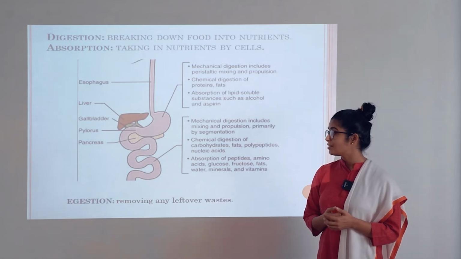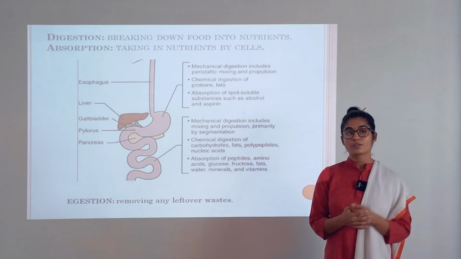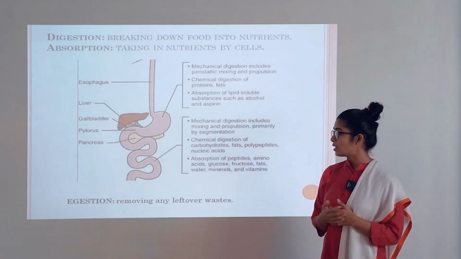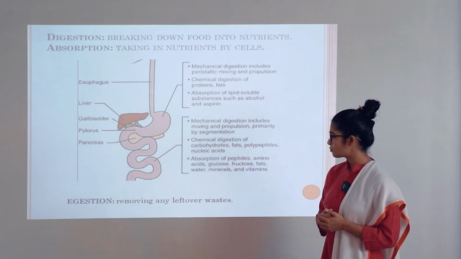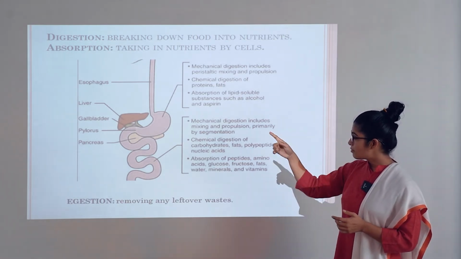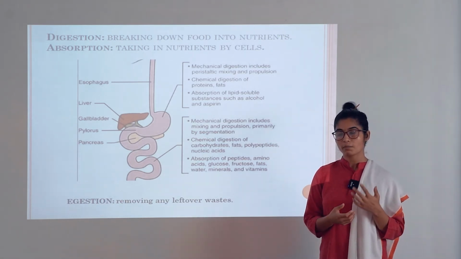Then we have bile received from the liver. The function of bile is also the digestion and breakdown of the food. We already know about the liver: its function is producing the bile.